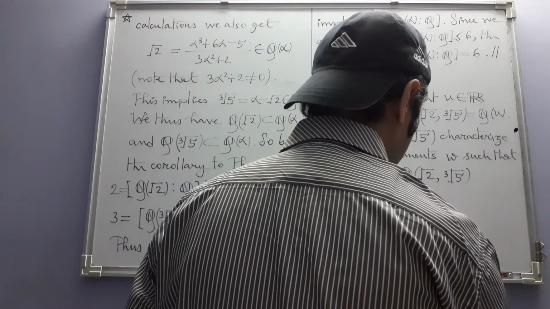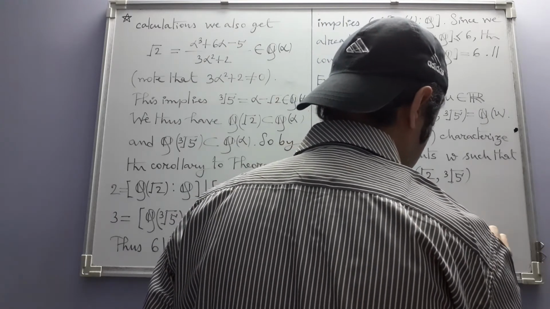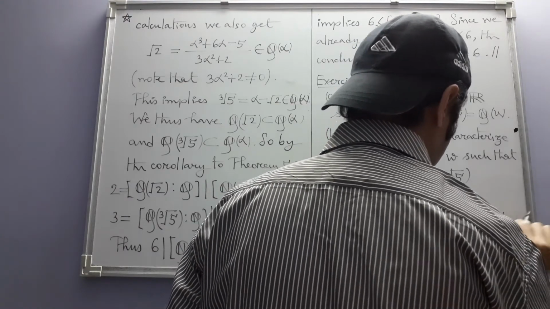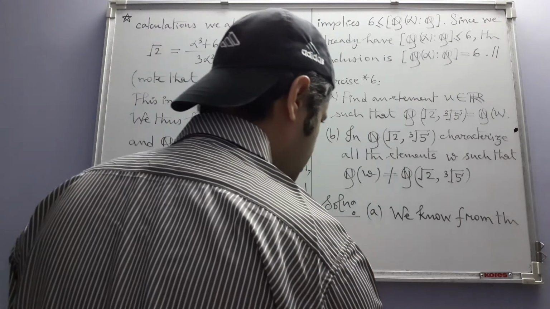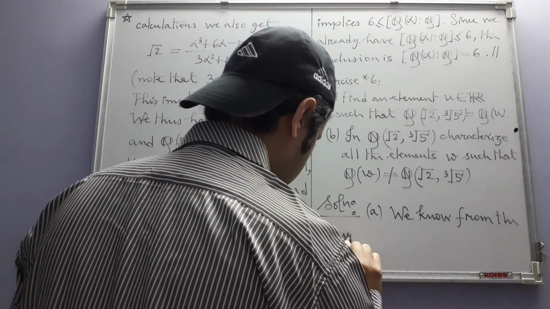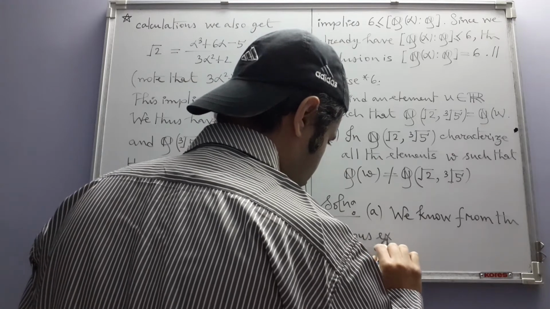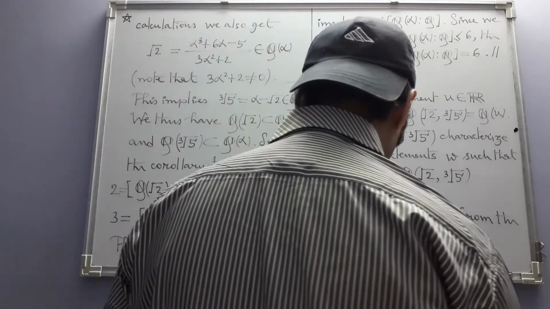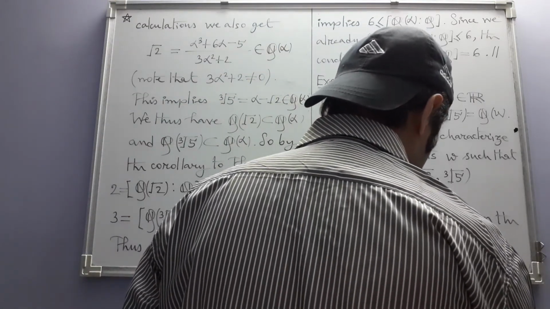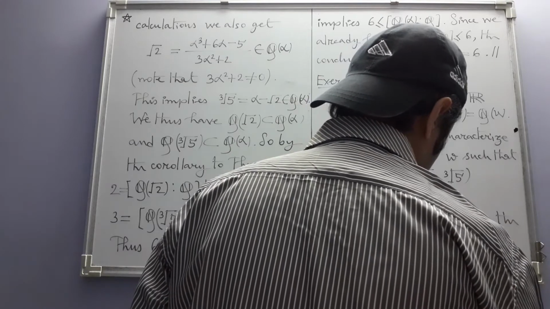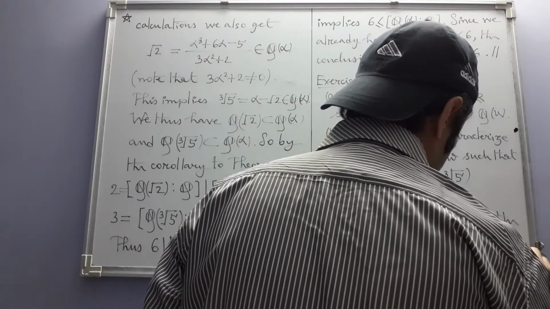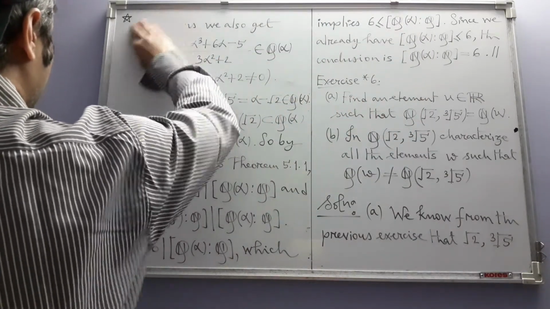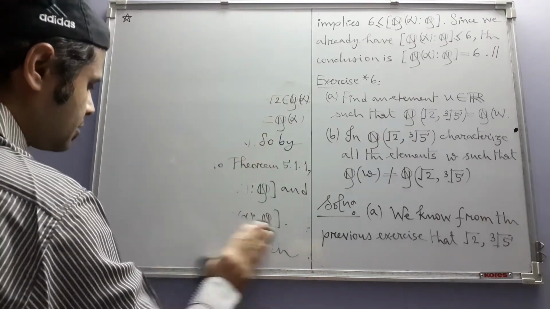We know from the previous exercise, its solution, you can understand that both root 2 and cube root of 5 belong to Q alpha, where alpha is their sum, root 2 plus cube root of 5.